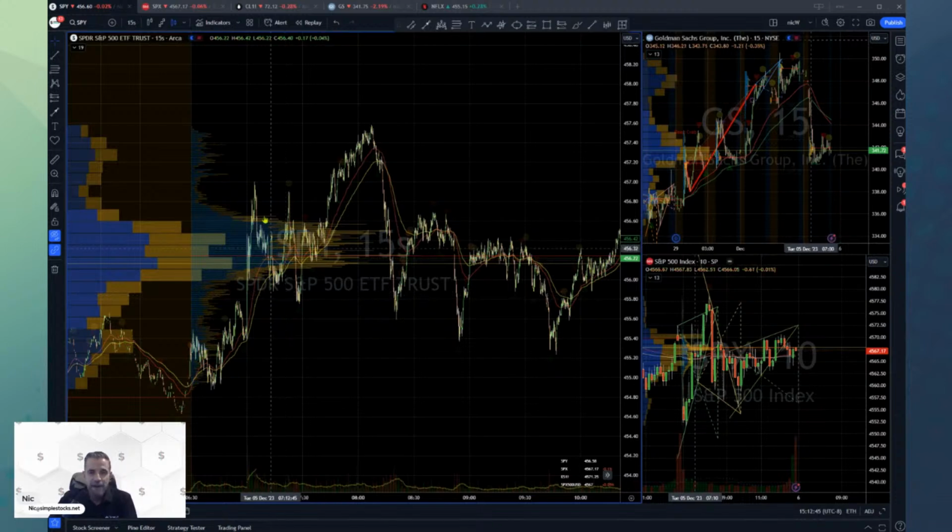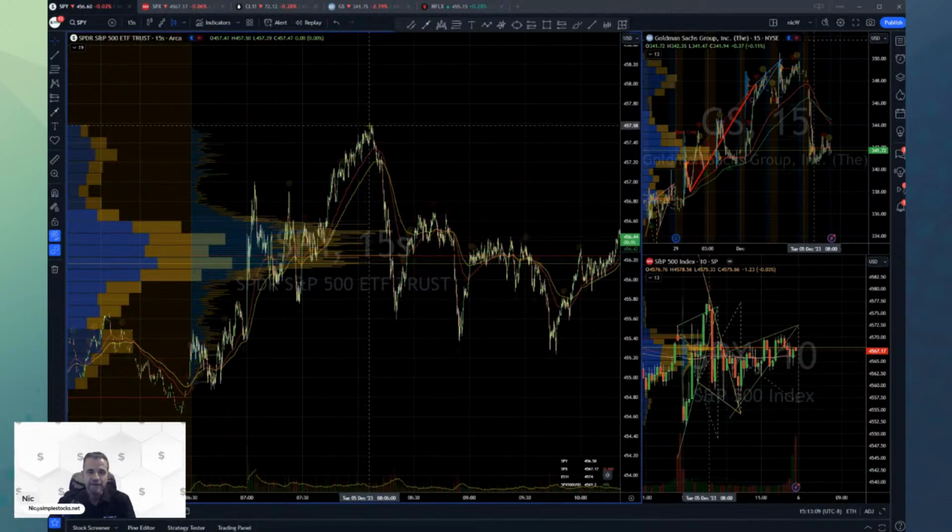All right. So that is resistance because that's where they failed before, and that is support because that's where they found support before. Now, I keep respecting that until the market goes through it. At some point, they go through it. For example, here, they came to it, they went above, and then they tried to bring it back down, and they said, no, we can go above, and they made more progress.